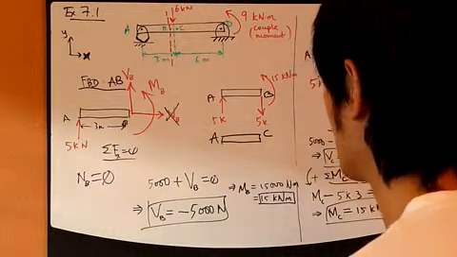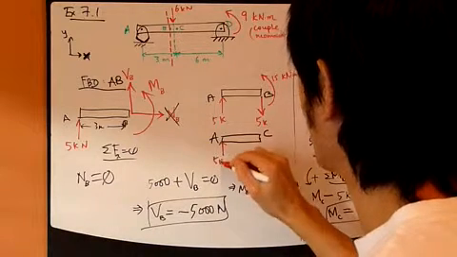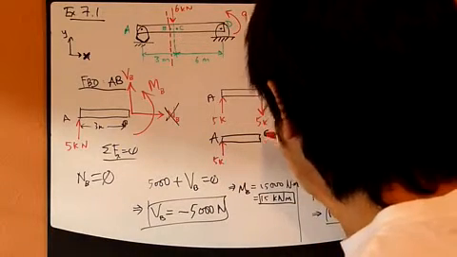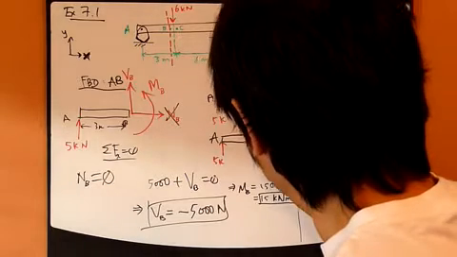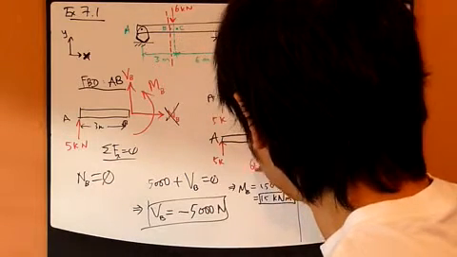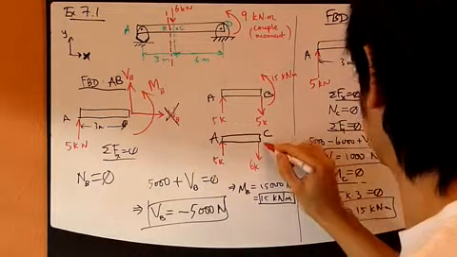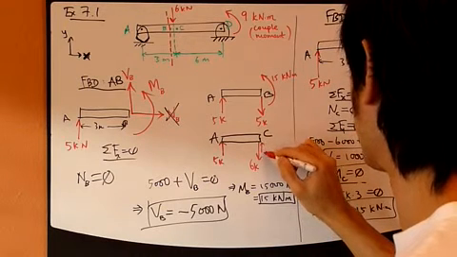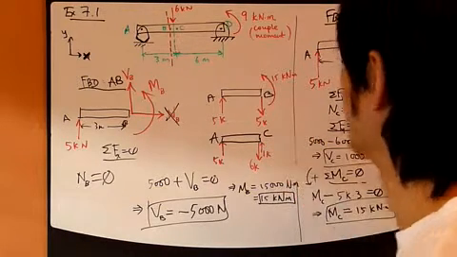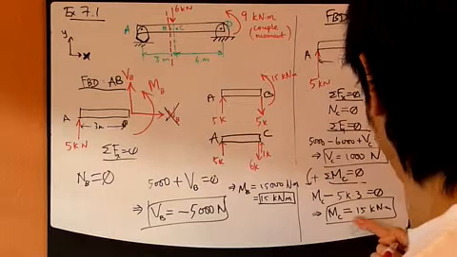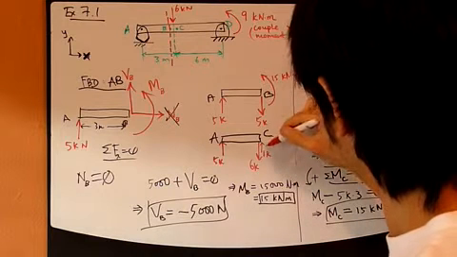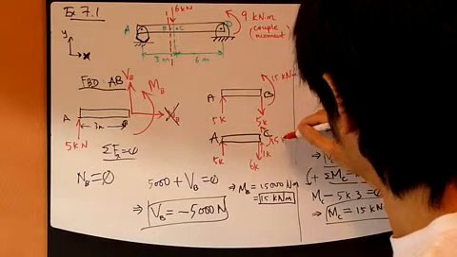I have 5,000 here, and I have the 6,000 applied force. I have this shear force of 1,000 going up this way. And I have a bending moment of 15,000.